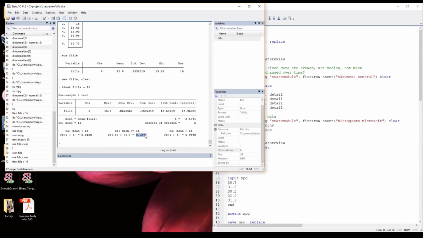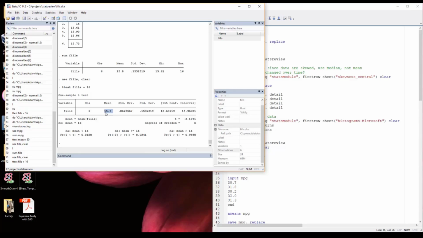The p-value is just the probability that we would see a sample mean equal to 15.8 if the true value is 16. So the probability that we see a sample value this small, if the null is true, is only 2.41%. In other words, this sample statistic is so rare, we only get it 2.41% by chance. And that's too low. We're going to reject the null that the mean is equal to 16.